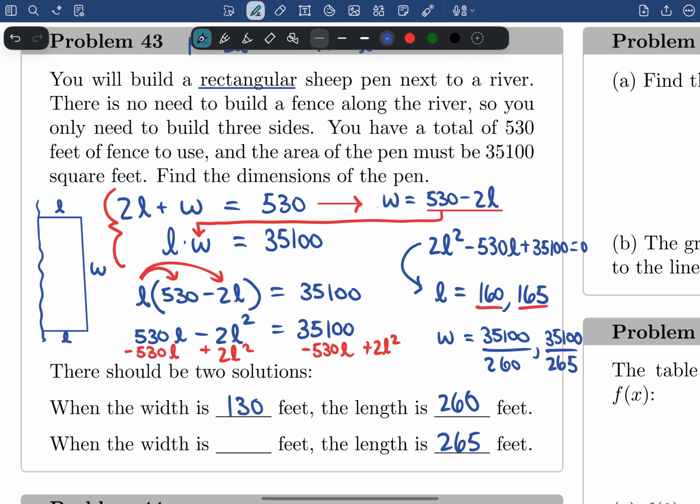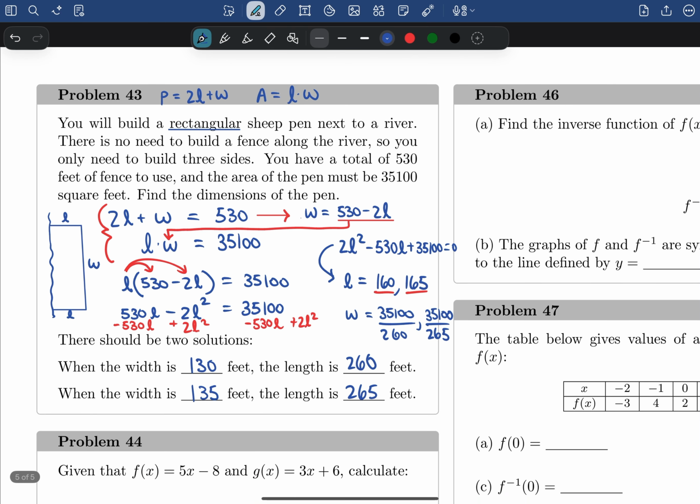Okay, and then one more time, I've now got 35,100 divided by 265. Okay, and I get my second answer, which is 135. Awesome. So we were able to make it through problem number 43.